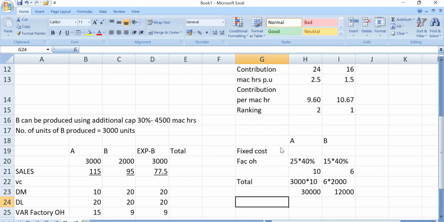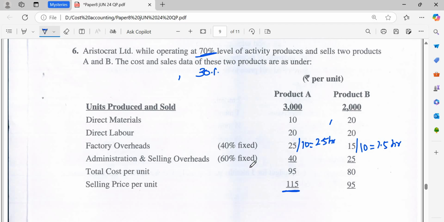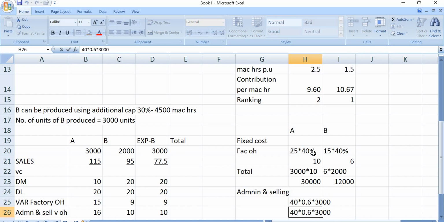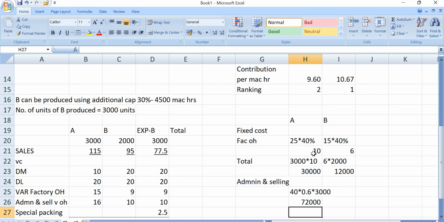So again I have to calculate for administrative and selling fixed cost, right? So here we have a fixed cost of around 60%, that is for 40 and 25. So 40 into 60 percentage into number of units. How many units? 3000. So straight away I am calculating. So I will be getting a fixed cost of 72,000 here. I hope this is clear.